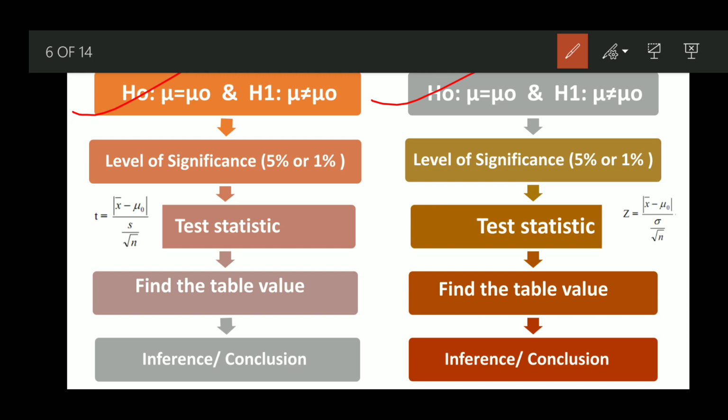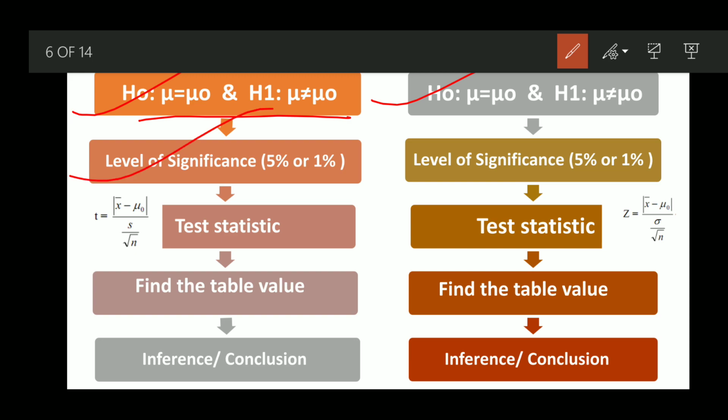First of all, before starting any test, we need to know what our null hypothesis is and what our alternative hypothesis is. Okay, here I have taken an example. You might have some other null hypothesis that depends upon your application or uses. Okay, that we have discussed in the previous class. Next is level of significance.